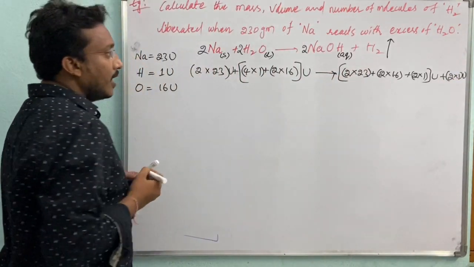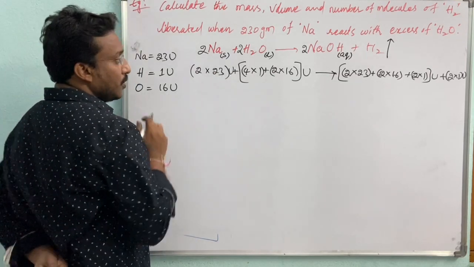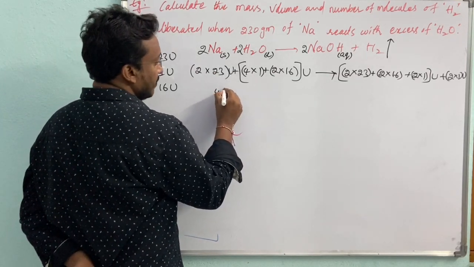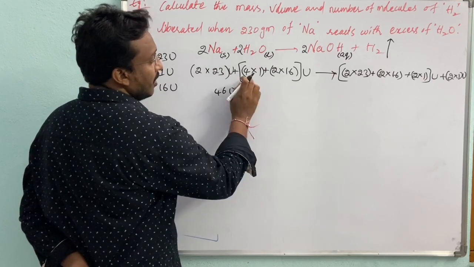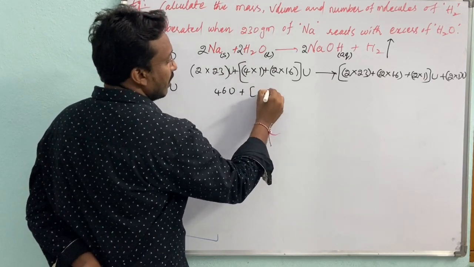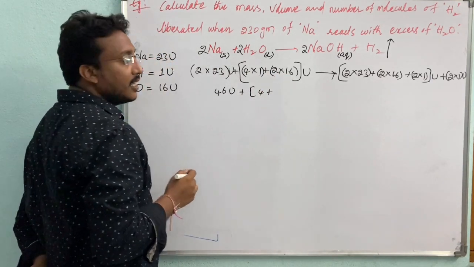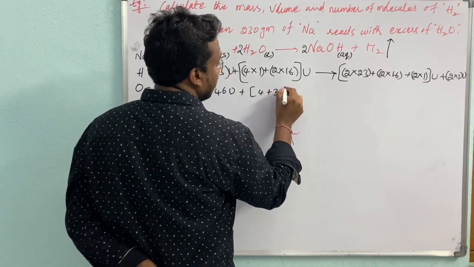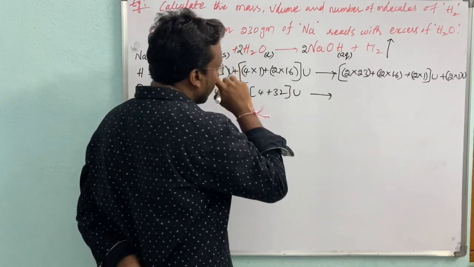Two 23s are 46 u, plus four 1s are 4, plus two 16s are 32 u, right?